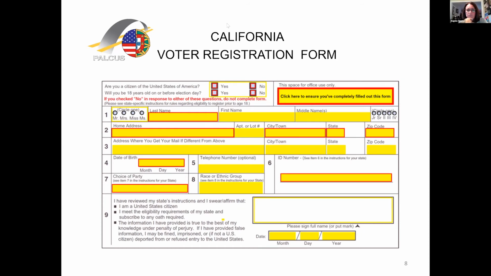This is a California voter registration form, and it's pretty straightforward. I mean, there's experts that looked at this to make sure that it's as simple as possible. But I, for one, when I'm faced with this many blanks, I inevitably put my first name where it's supposed to be last name, or my last name where it's supposed to be the first.